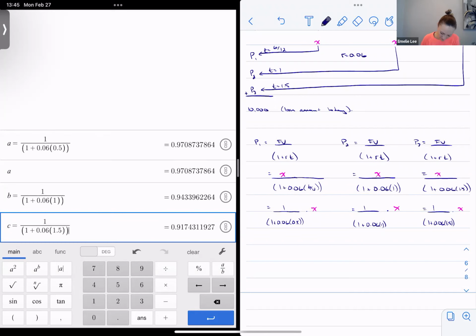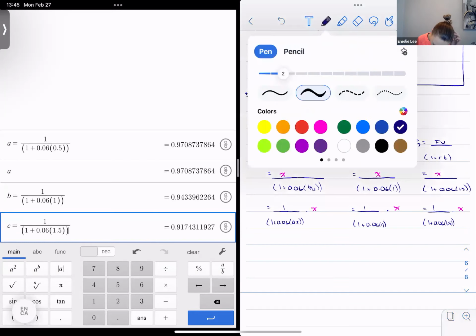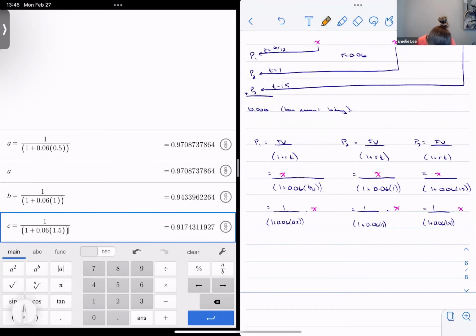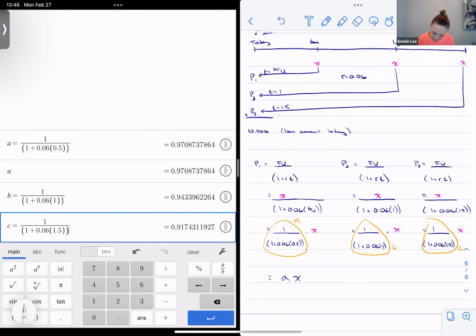There. Okay. So in terms of the math, I'm calling this A, this is B, and this is C. So this becomes A times X, right, where A is 0.9708737864.